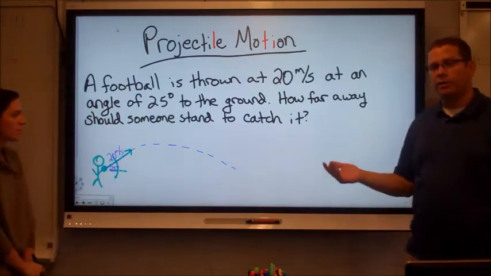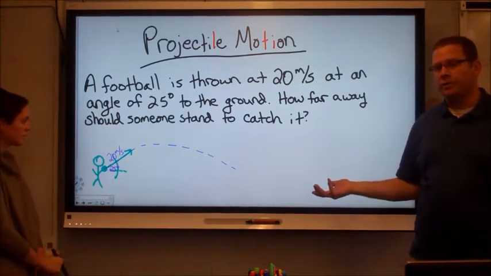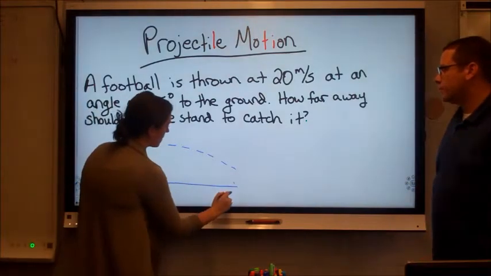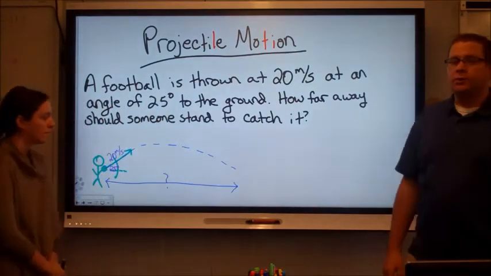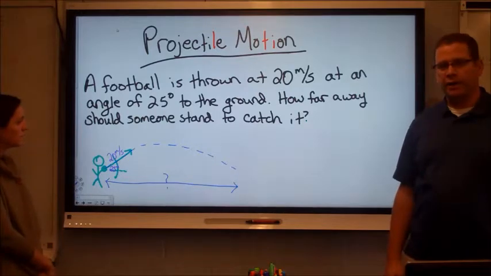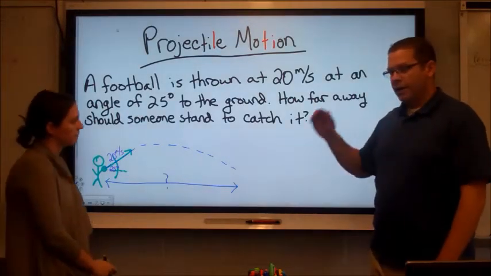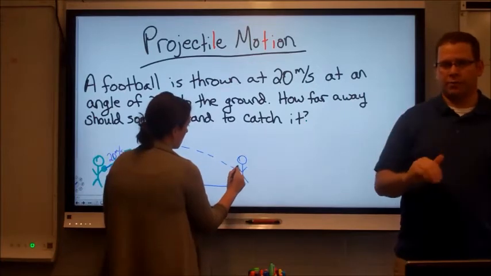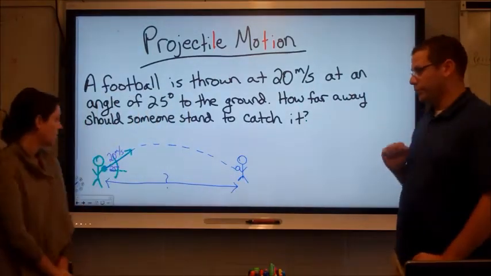Now we're going to label our x distance as a question mark, because that's what we're trying to find. Let's assume that somebody catches this ball over here at the same exact height that it was thrown from.